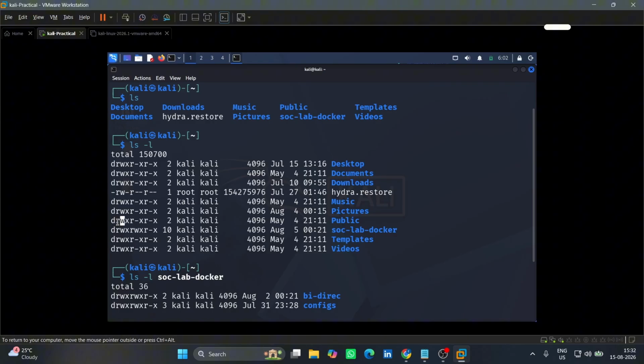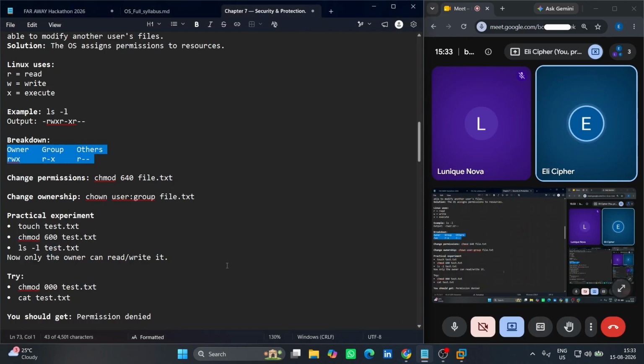Not for the owner. It is the owner section. So the owner has the full permissions, but the users which belong to the group of the owner cannot make changes because there is no write permission, and the other users also cannot make any changes in this folder, right? This is how you have to break down the permissions which are given to a specific resource.